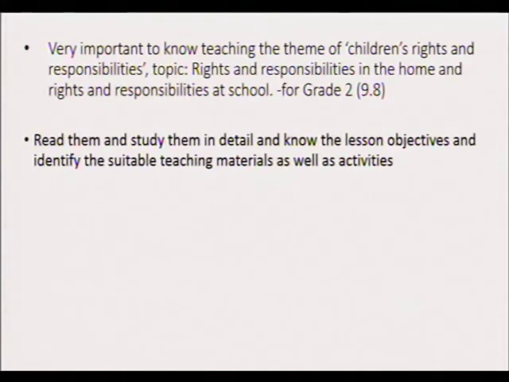It's very important to know the theme of children's rights and responsibilities at home and responsibilities at school. It's 9.8. Pay more attention to that. Read and study them in detail, and know the lesson objectives and identify the suitable teaching materials that will fit, as well as the activities that will fit that specific topic of rights and responsibilities of children.